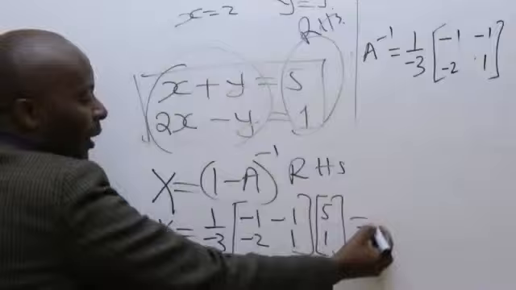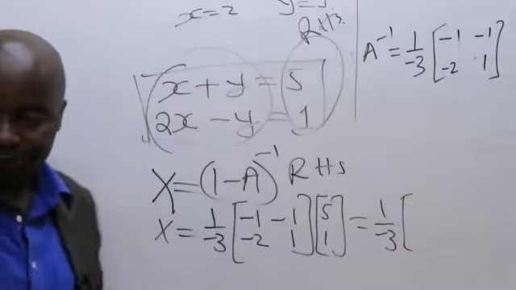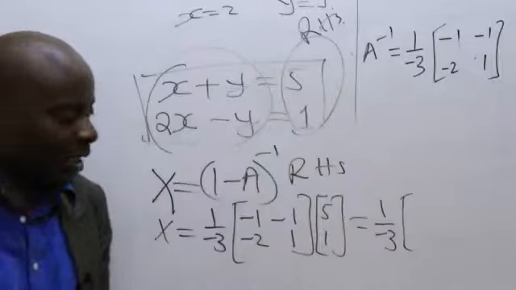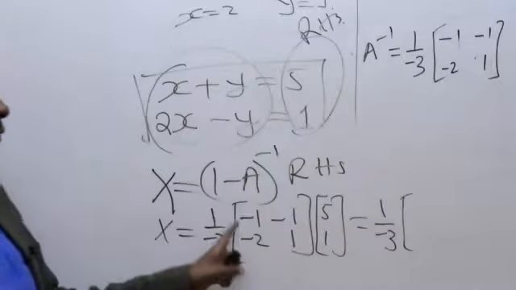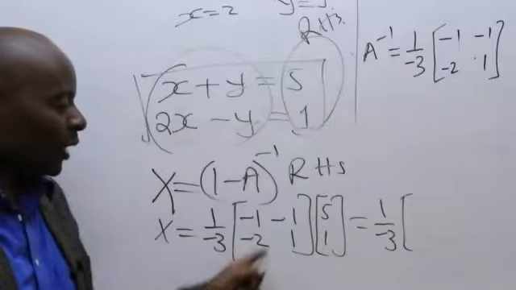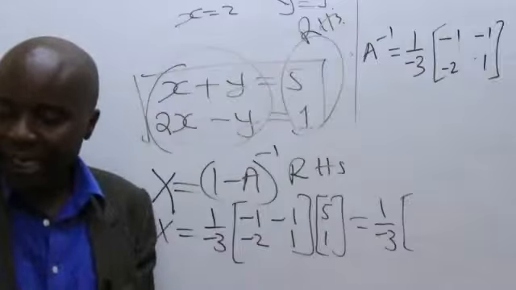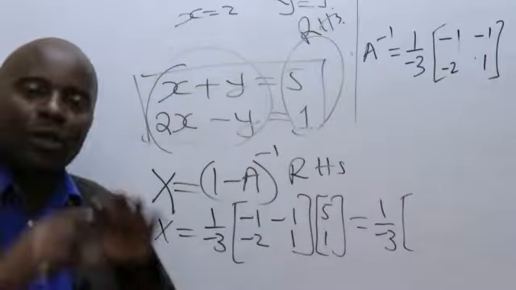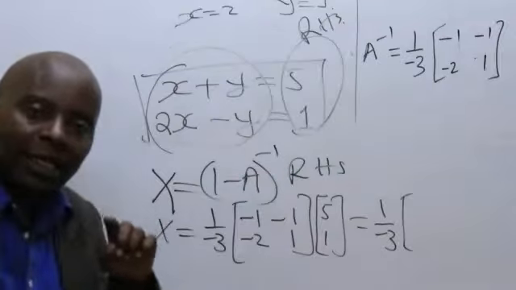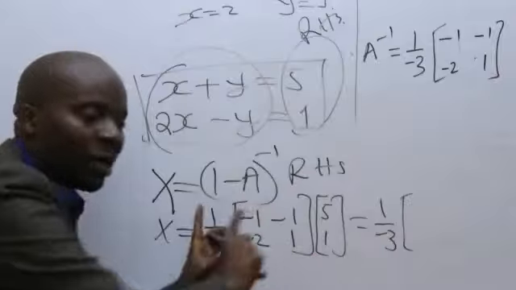Ladies and gentlemen, what I will do is to leave the scalar out first so that I give preference to multiplication of the 2 matrices. When it comes to multiplication of a matrix, that is an easy thing. I will use what we call a row multiplying a column.